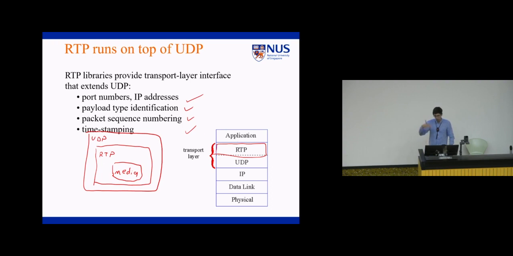And then it is encapsulated into a datagram and then the link layer packet and so on. And at the receiver side, each of these are removed one by one to extract the media. And thanks to RTP, our receiver will know all these things, the payload types, the packet sequence numbering, and the timestamping, and therefore estimate the correct playout time, use the correct decoder, and so on.